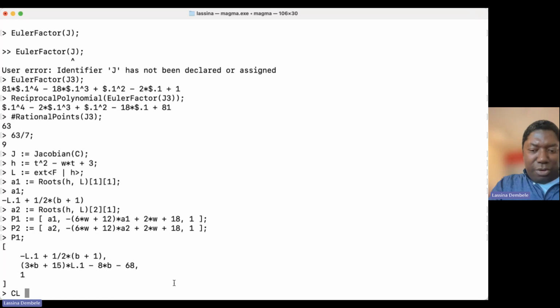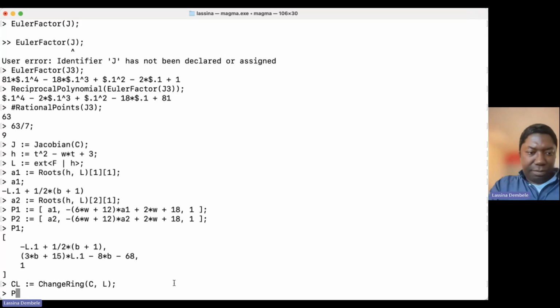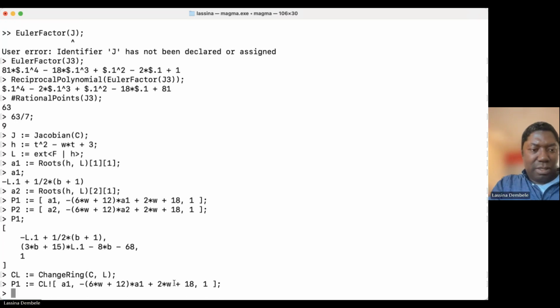So we need to create this point on the curve we obtain by taking the base change of the curve to the quadratic field F. And the point P1, we get this by coercing P1 into the curve.